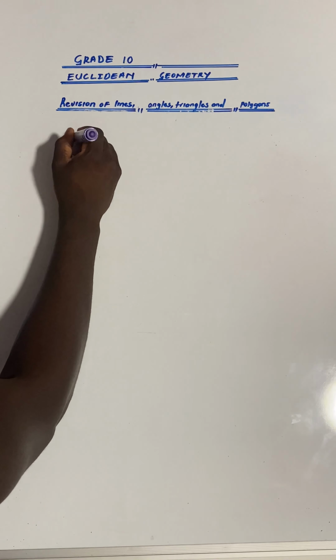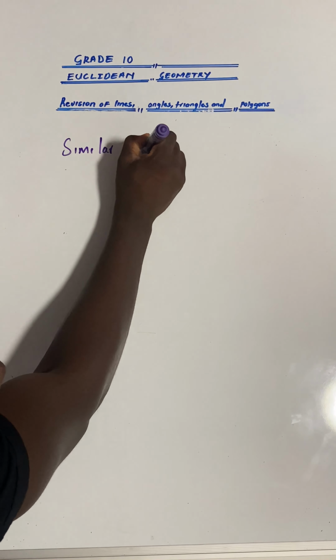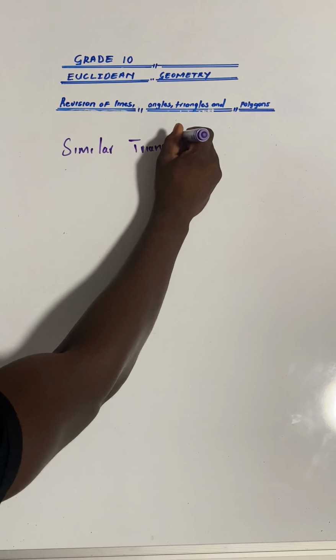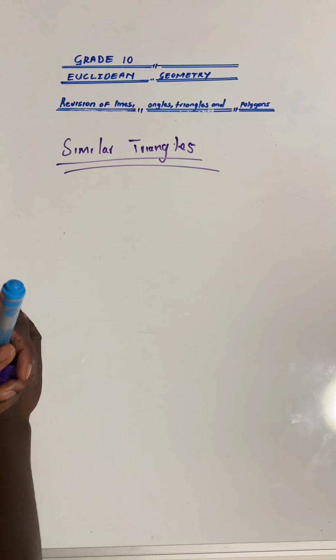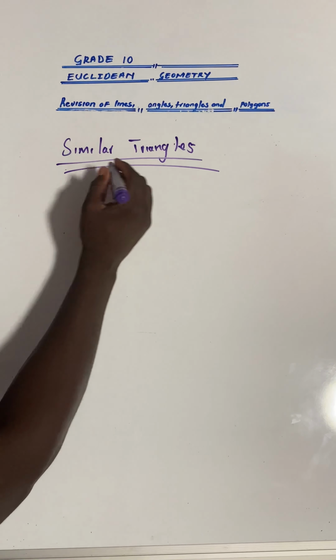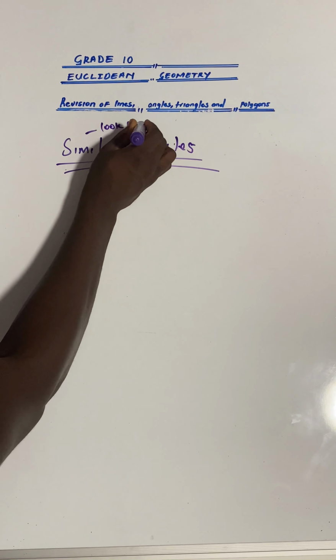Okay, so now let me come back to similar triangles, right? So what are things that are similar? When we talk about similar things, we talk about things that look alike, but they are not exactly the same.